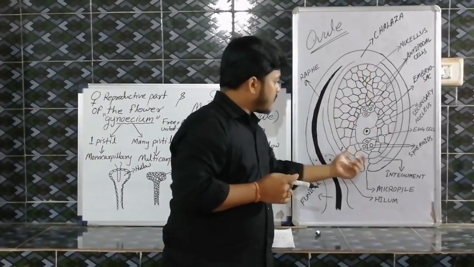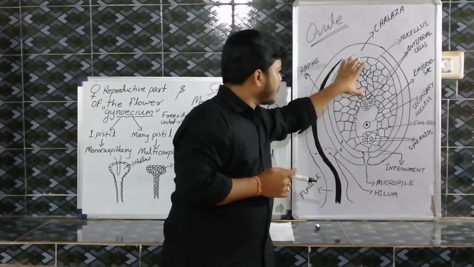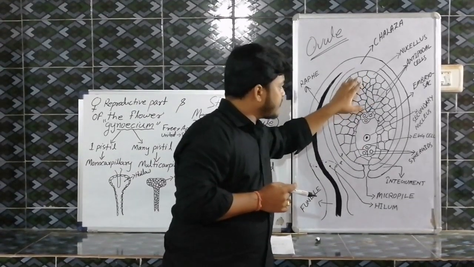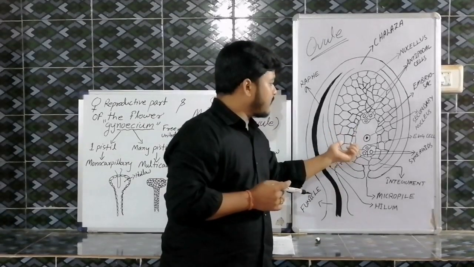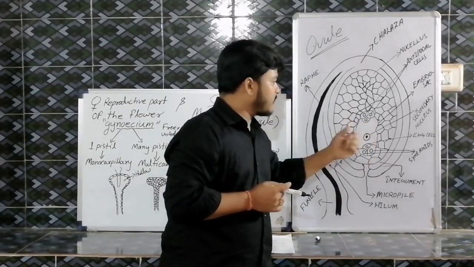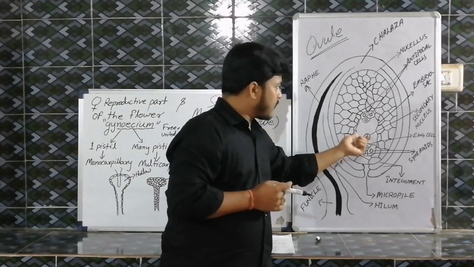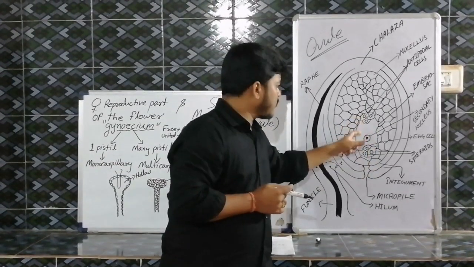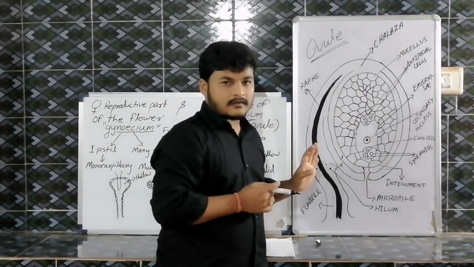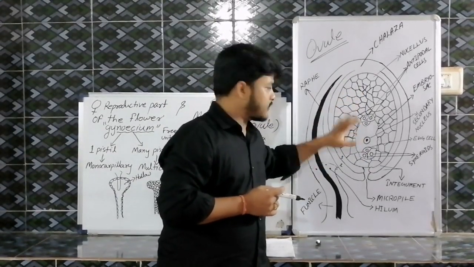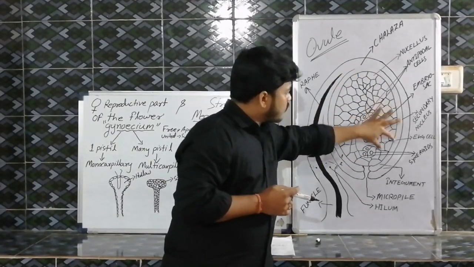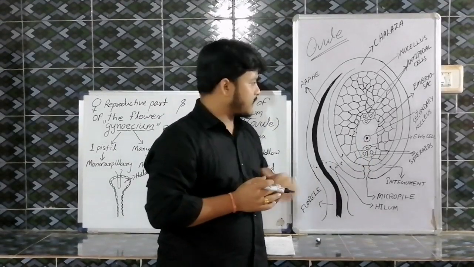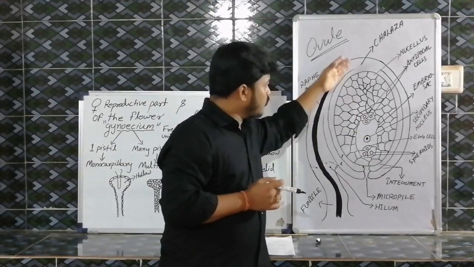The cells present in the nucellus help in the development of the embryo sac. The megaspore mother cell, which develops into the embryo sac, was also previously a cell of this nucellus. The outer part is known as the nucellus and the inner part is known as the embryo sac, and it consists of two types of parts.